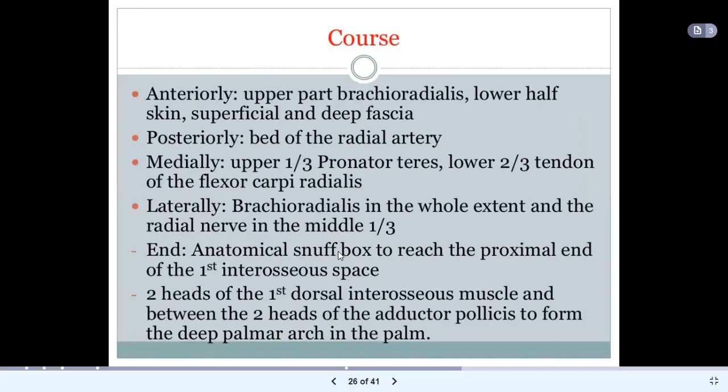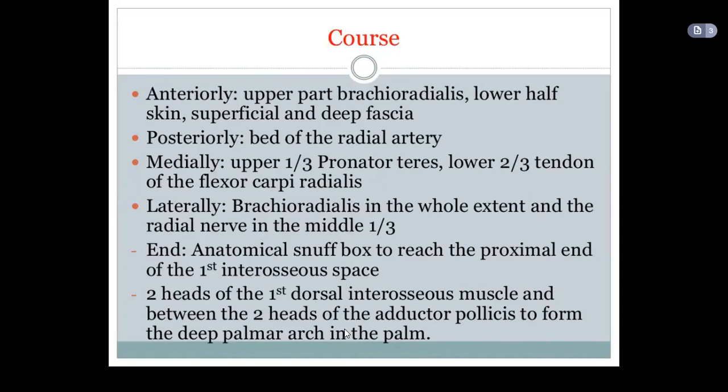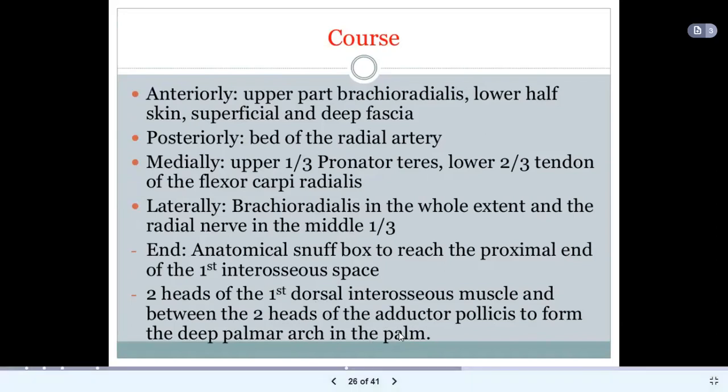And then between the two heads of the first dorsal interosseous muscle, and between the two heads of the adductor pollicis to form the deep palmar arch. So the artery actually ends by forming part of the deep palmar arch. But it doesn't just end, it's anastomosed with branches from the ulnar artery to form the deep palmar arch.